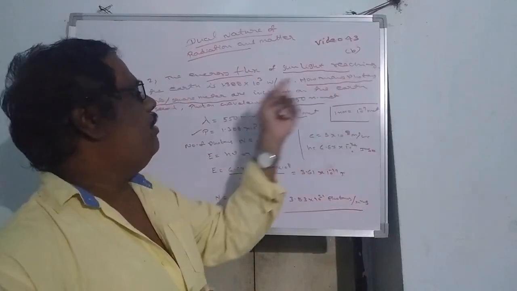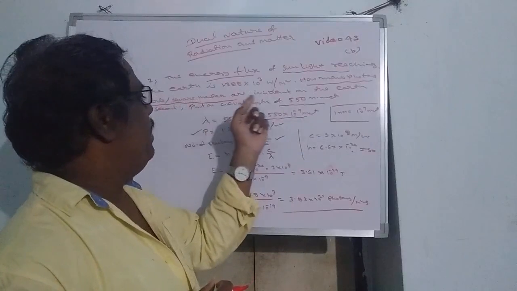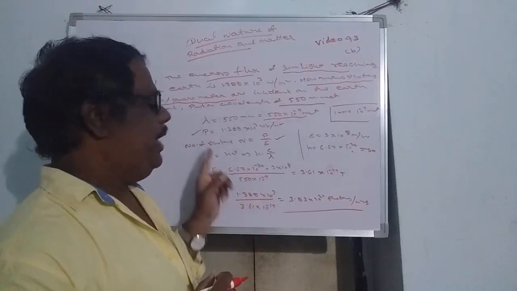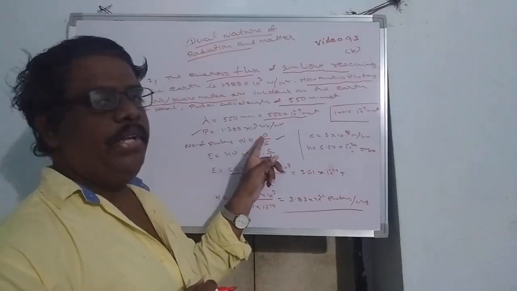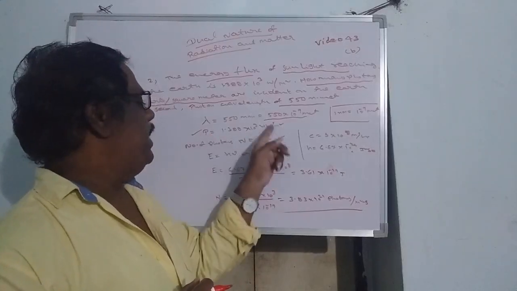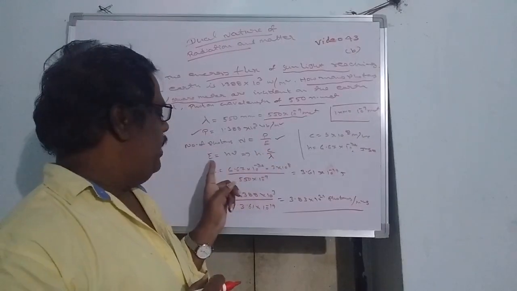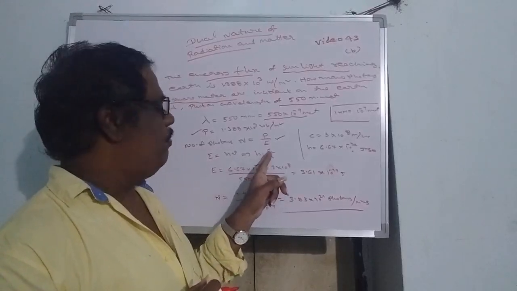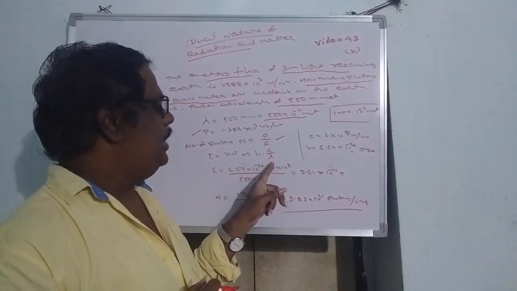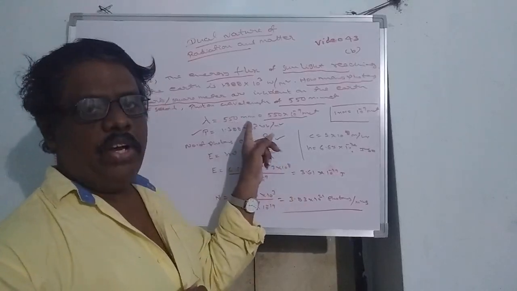Or they are solved here. How many photons nearly per square meter? So the number of photons we have to calculate. First, the formula for number of photons: N is equal to P by E. Power emanated on the Earth is given. Energy we have to calculate. Energy of photon is h nu. h is Planck's constant. Nu is c by lambda. The c value is 3 into 10 power 8. The lambda value is given as 550 nanometers.